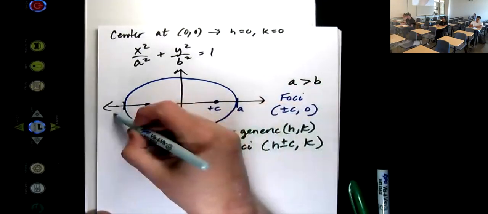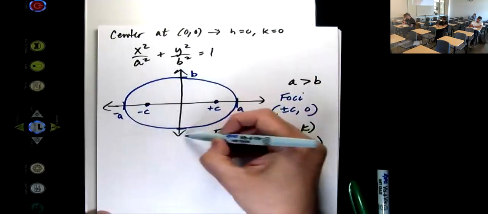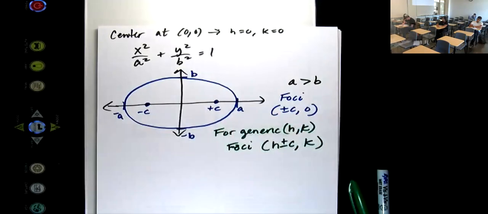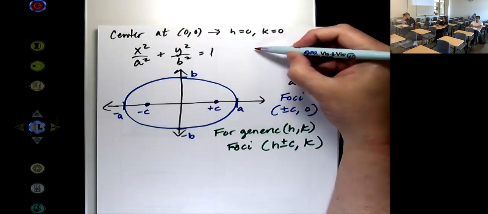This is negative A. This is B, and this is negative B, since we're centered at the origin. With that in mind, how long is the major axis?